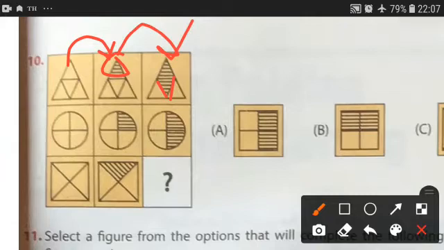Okay, in the same way, this circle is divided into 4 equal parts. One part is shaded, then 2 parts are shaded. This is in the third row. Okay, this is row 3.